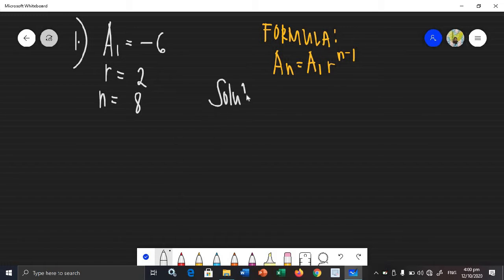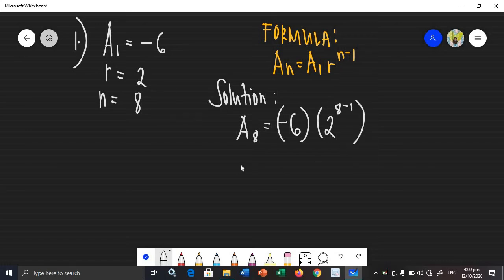A sub 8 is equal to, your a sub 1 is -6. Lagyan po ng parentheses pag nagsasubstitute. And then your r is 2 raised to n, your n is 8 minus 1. So, a sub 8 is equal to -6 times 2 raised to 8 minus 1, that is 7.